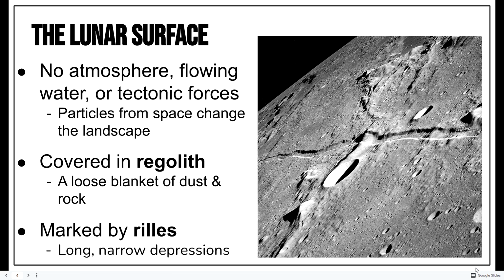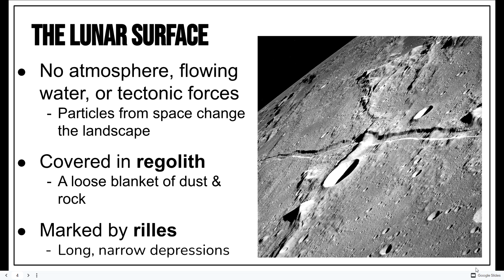So we talked about the fact that there's no atmosphere, and that's why there's such a range of temperature extremes. There's also no flowing water and no tectonic forces. So there's no earthquakes, there's no volcanoes, there's no core spinning in the middle like we have. It's basically just a solid chunk of rock.